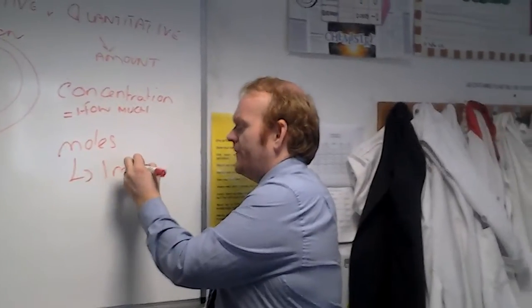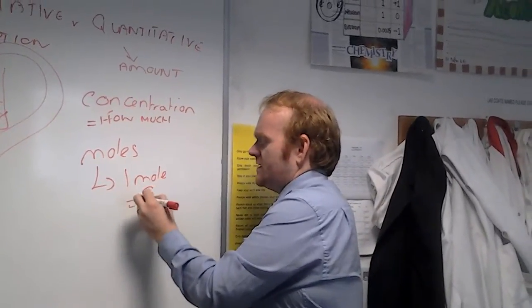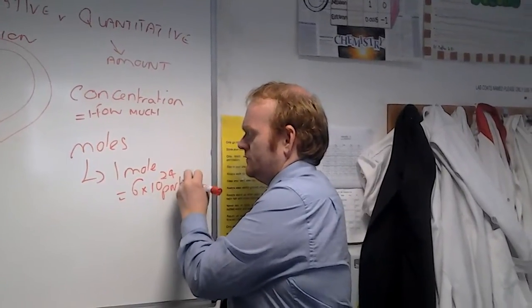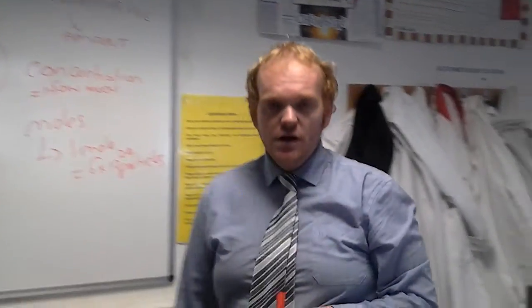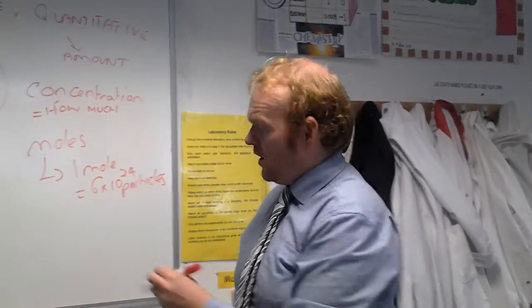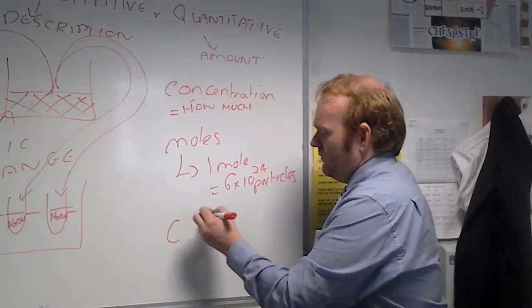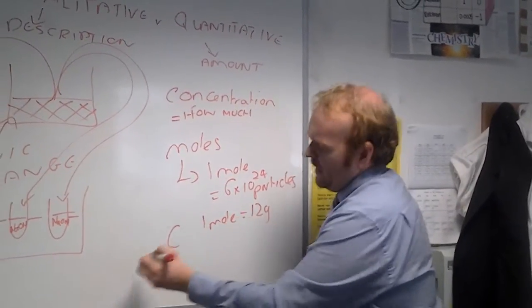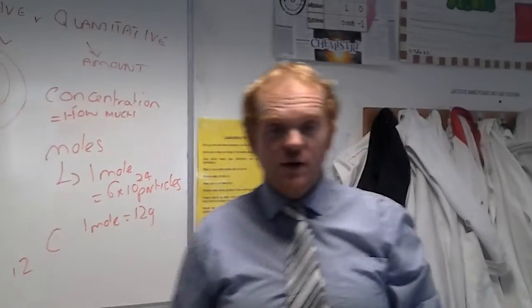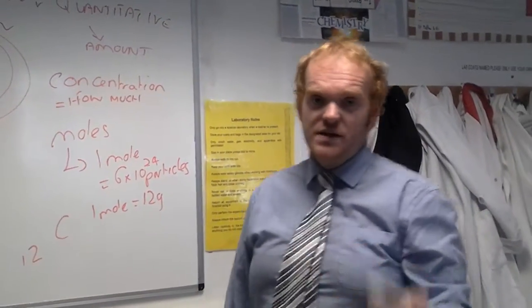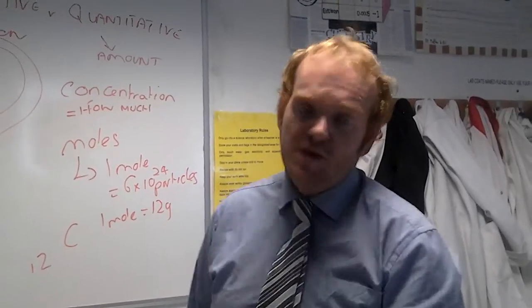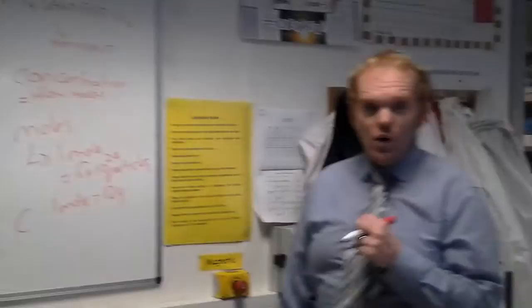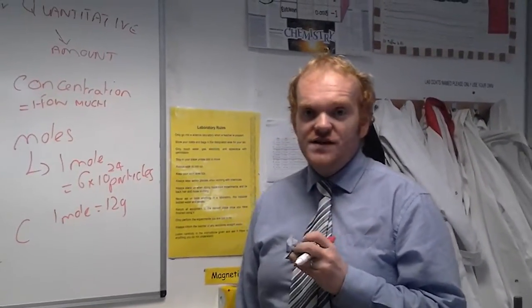So 1 mole is equal to 6 times 10 to the 23 particles. In carbon, for example, 1 mole is equal to 12 grams, because the atomic mass of carbon is 12. So 1 mole of sodium would be equal to 23 grams, and 1 mole of calcium would be equal to 40 grams.